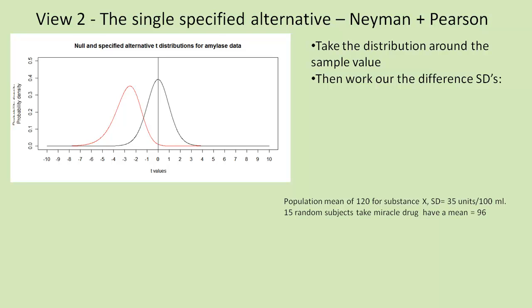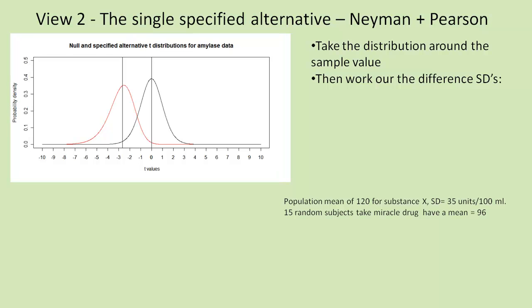This is the value we obtained when we worked out the t-value of our sample. So now we have the distance between the two distributions, and this distance is called the effect size. The effect size can be measured in several different ways, one of the most common being Cohen's d. Cohen's d is simply the difference in the means divided by the standard deviation, like the z-score you may remember.